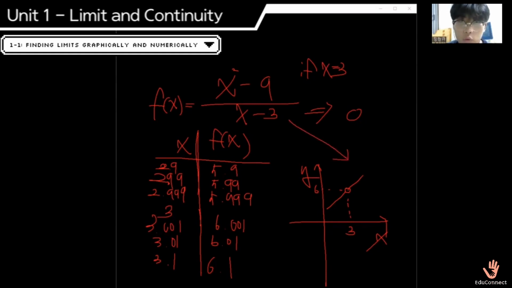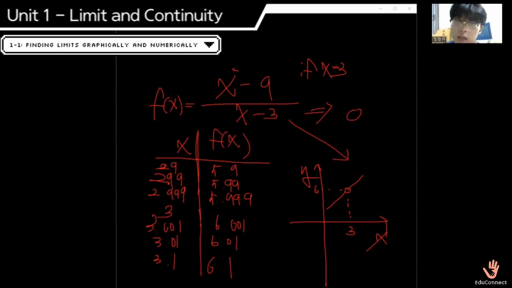Once again, why do we have a gap? Because if I plug a 3 into our function, we get an undefined solution. But as we get closer and closer to 3 from both directions, the value of our function is getting closer and closer to 6.